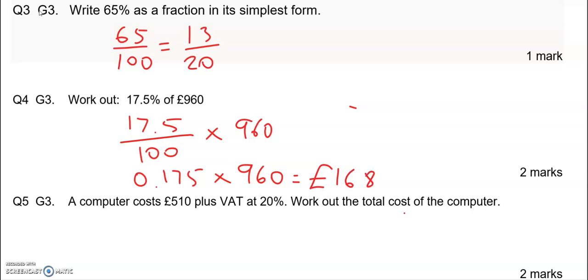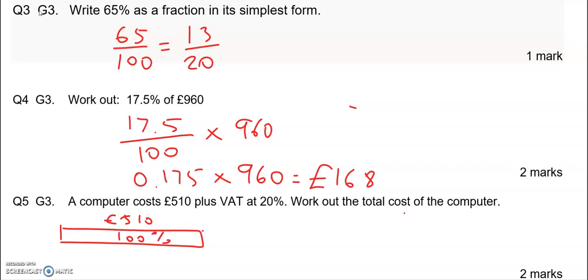pounds. In question number 5, we've got a computer costs £510 plus VAT at 20%. Work out the total cost of the computer. So if I try to represent the original price of the computer, which is £510, so that is the 100%.